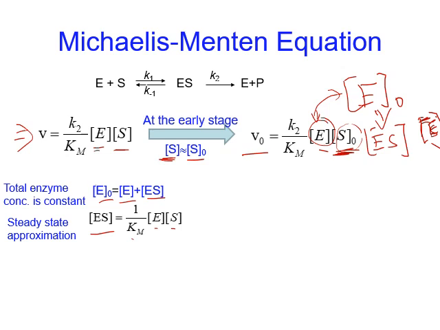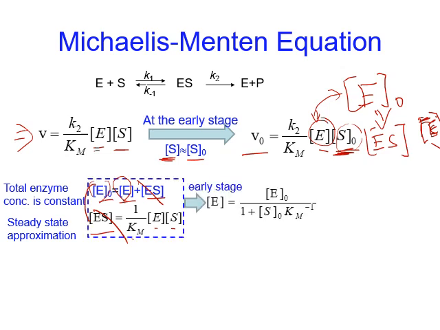Now combine these two equations, and we can find the relation between the free enzyme and the initial enzyme, because the enzyme substrate complex cancels out. So we have the free enzyme concentration equals the initial enzyme concentration divided by 1 plus the initial substrate concentration divided by the Michaelis constant.